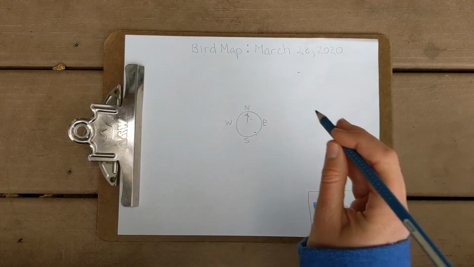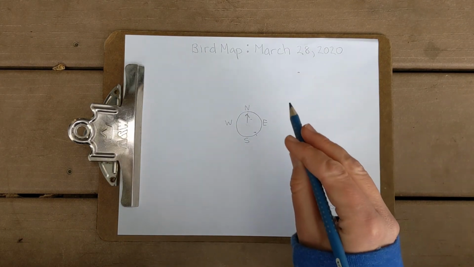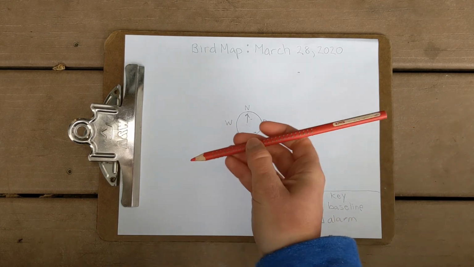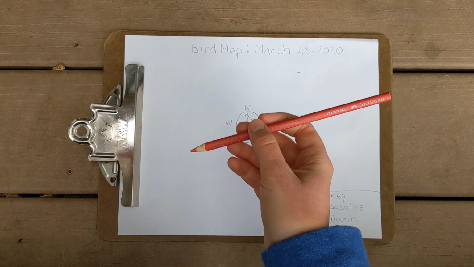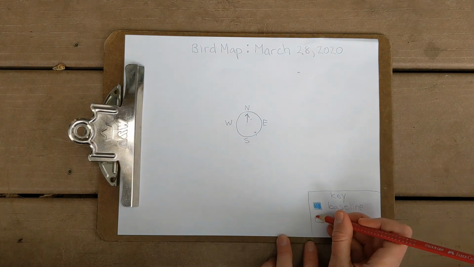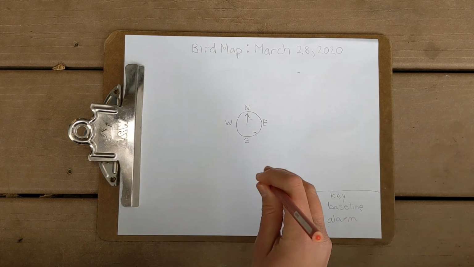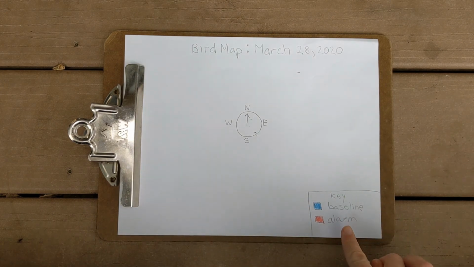Now whenever I use blue on my bird map, I'll know that I'm recording a baseline voice. For the alarm, I'm going to pick a color that looks like danger to me. I'm going to choose red. And I'm going to color in the red alarm box here. And again, anytime I use red on my map, I'm going to know that means alarm.